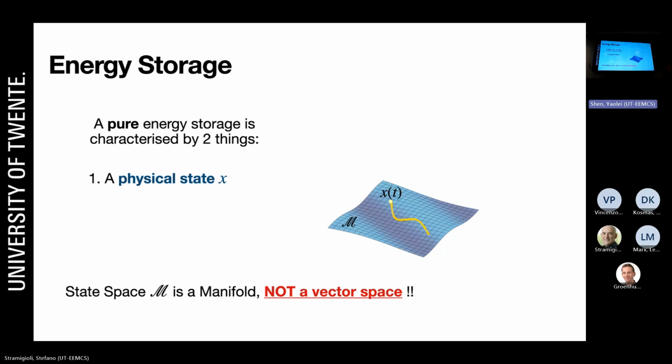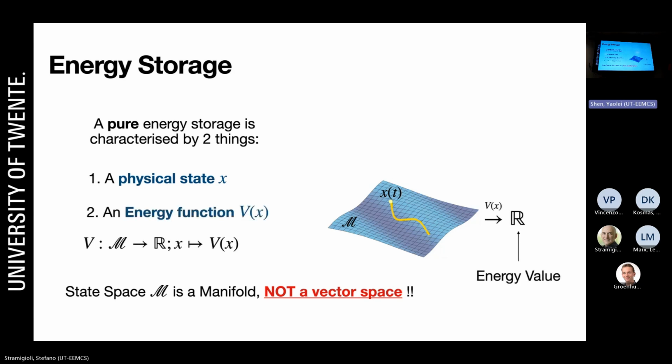A point on that manifold defines the state. The second thing is you have an energy function, a function that goes from that manifold to a real number. For a given state, that function at that point will give you the energy of that physical state.